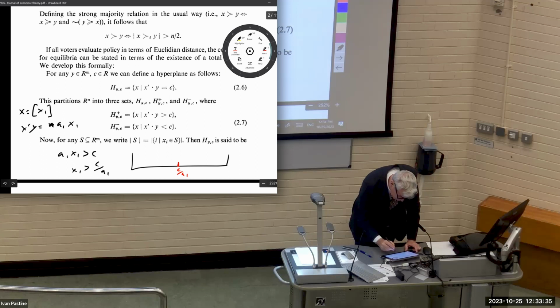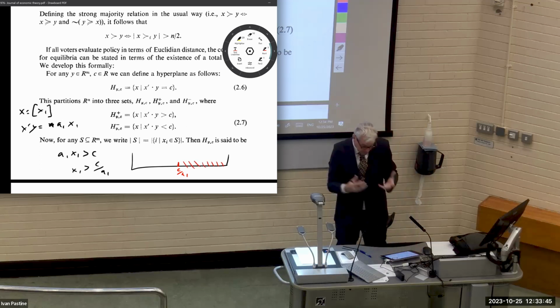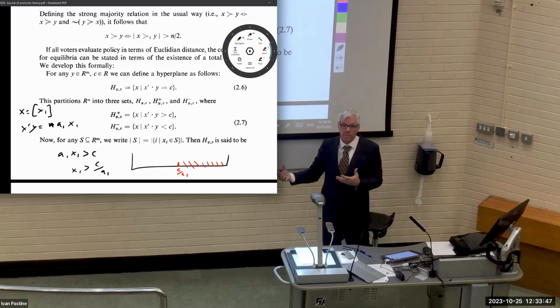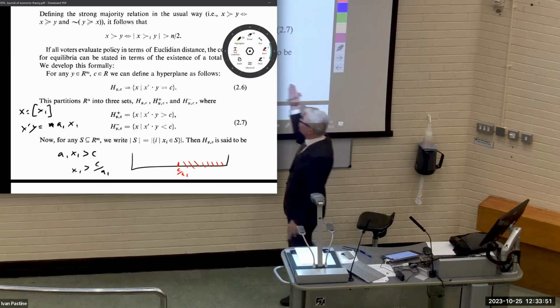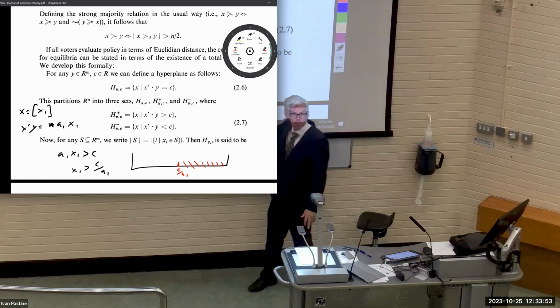And this H1 plus is going to be all of this stuff here. Everything where this multiplication comes out greater than C. Right? So it's not going to be a plane, it's going to be a whole range of values.